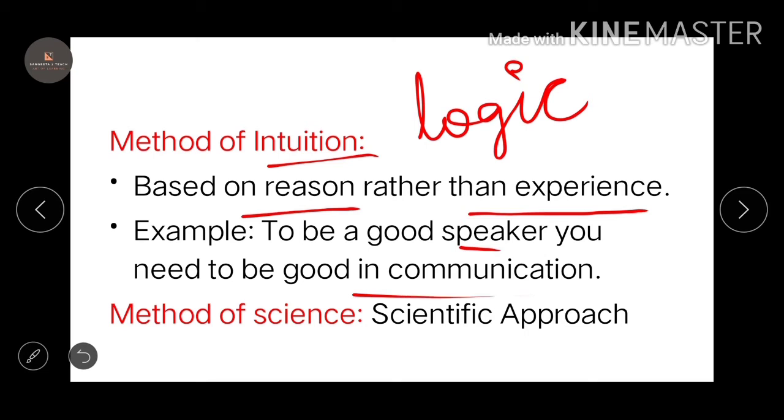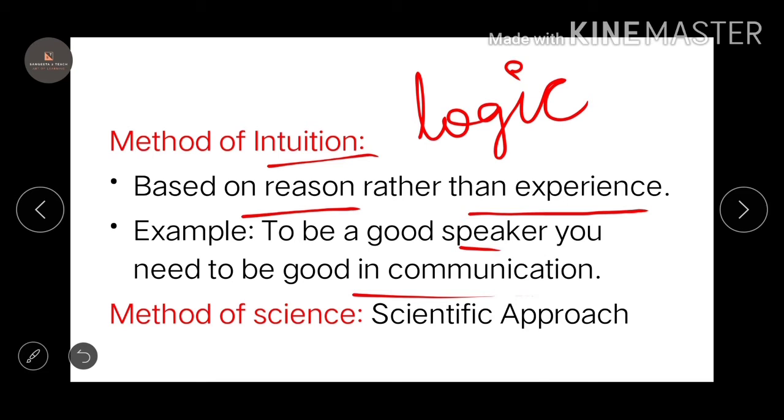Communication is not language. You need not be good in English. It is your communication skills, and it can be in any language. The way of your body language, the eye contact, how you gain the attention of the audience is all related to being a good speaker. So you need to have good communication.